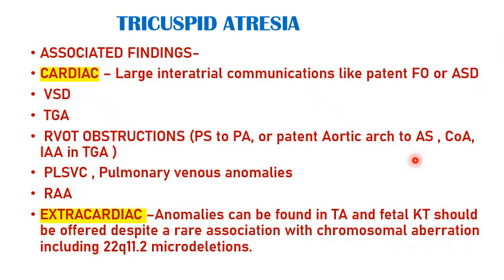Extracardiac anomalies can be found in tricuspid atresia, and fetal karyotyping should be offered despite a rare association with chromosomal aberration, including 22q11.2 microdeletions.